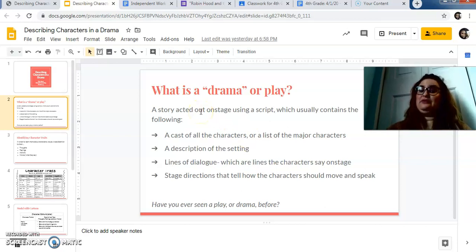A drama or a play is a story acted out on stage using a script, which usually contains the following components: a cast of all the characters, or a list of the major characters; a description of the setting where the play takes place; lines of dialogue, which are what the characters say on stage to each other or to themselves; and stage directions, which will usually be in a different font than the actual dialogue, because this tells how the characters should move and speak. Have you ever seen a play or a drama before? Chances are you probably have, and you probably don't even realize it.